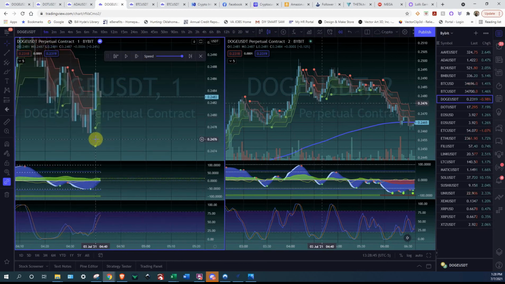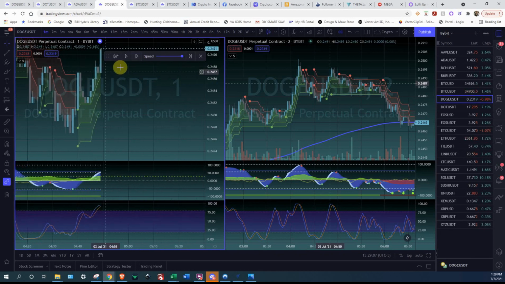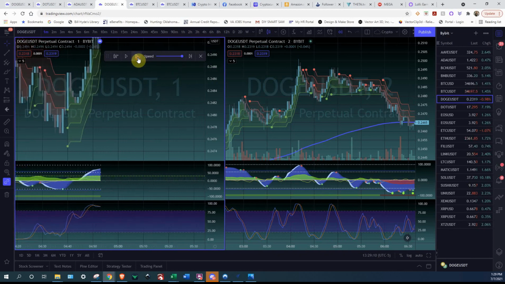RSI is not as low as I would like on this one. Not only that, the candle's kind of long, so I probably wouldn't enter that either, even though we do have a buy signal on the 2-minute. I don't feel comfortable with that. Not only that, the RSI on this candle is kind of in the middle of the cloud, so I would stay away from that. But if you set your stop loss right, you could have won that trade.